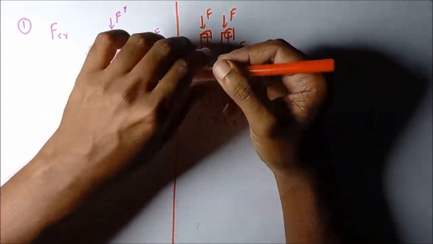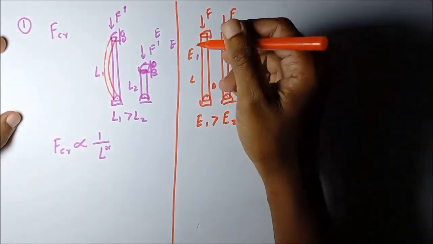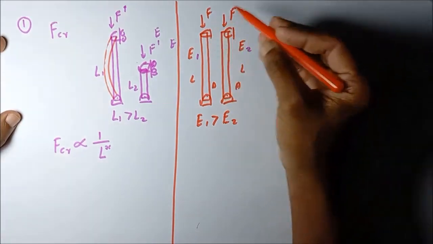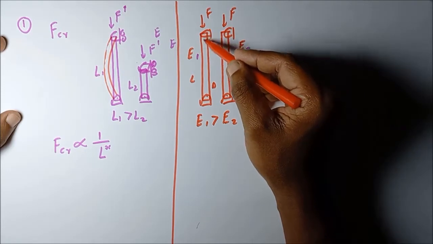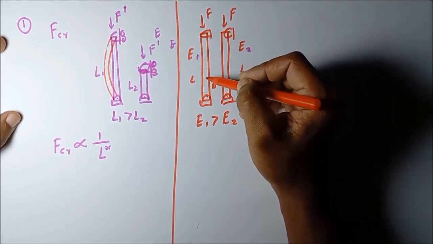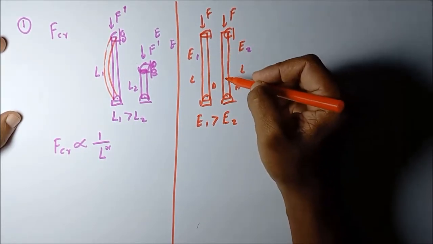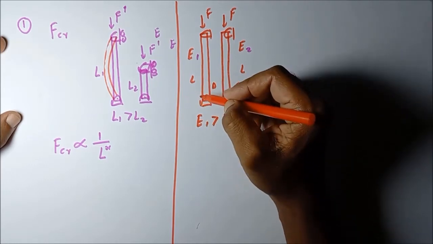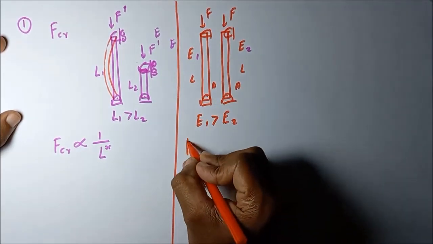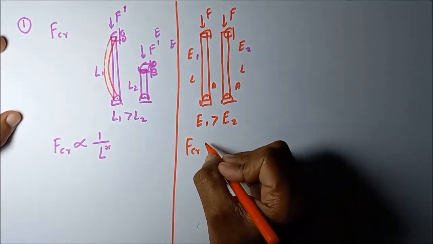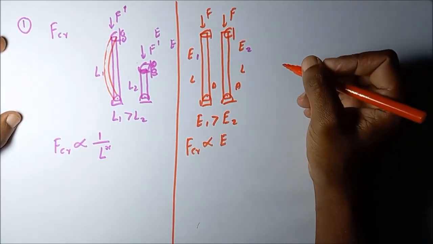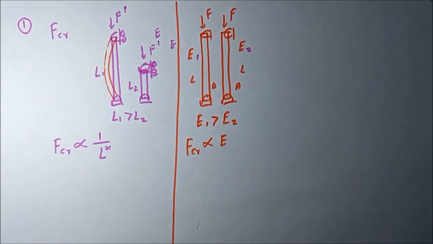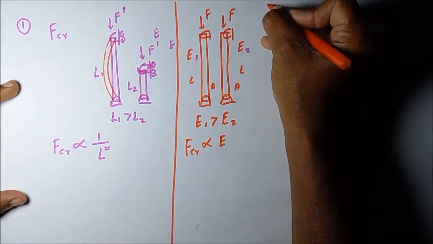What can you say about the buckling load in this situation? Which one has the greater buckling load? We can say this one has the greater buckling load because it is more rigid than this component, so it is resistant to buckling. So we can say the critical buckling load is proportional to the elastic modulus of the material. Okay, third parameter.